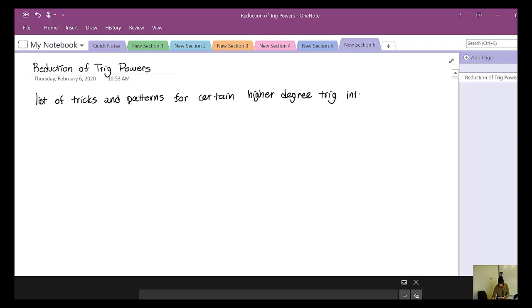This is generally something they go over, just like how to do integrals where you have trig functions to powers higher than 2, so like 3, 4, 5, etc.